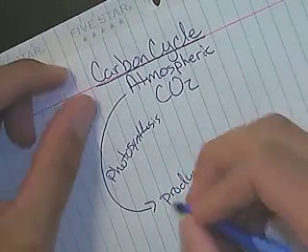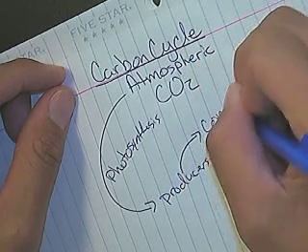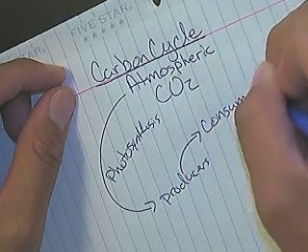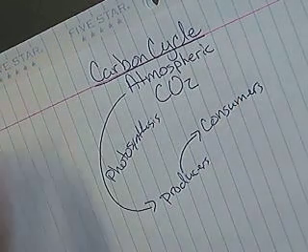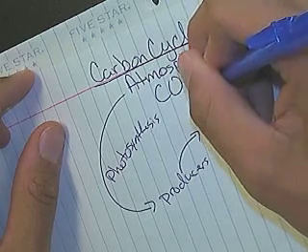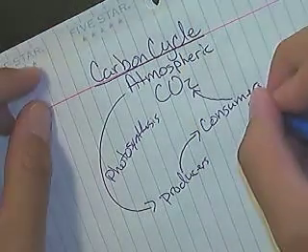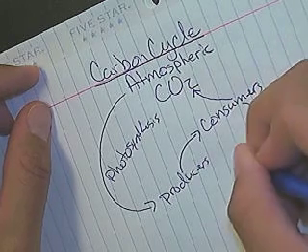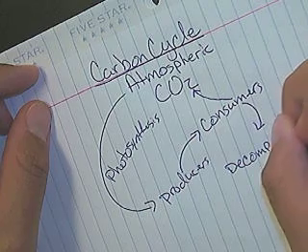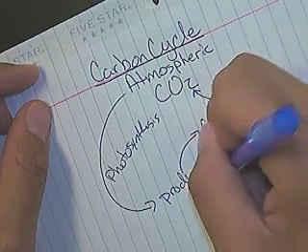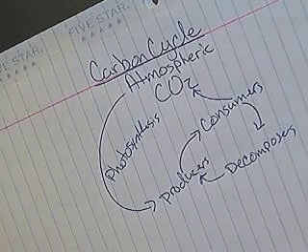Producers are then eaten by consumers. And at this point, consumers, as they do respiration, release that carbon dioxide back into the atmosphere. Once consumers die, they are decomposed by decomposers, and some of those nutrients go back into the producer.